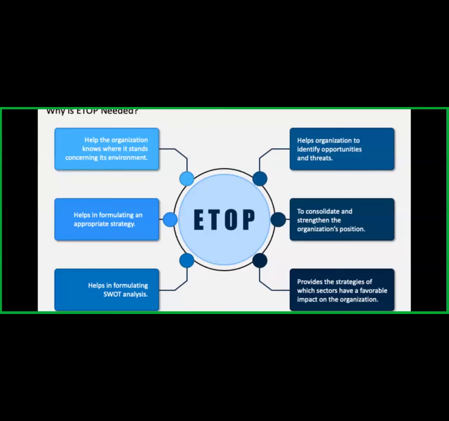And when every external factor was analyzed properly, they came up with a very good strategy. Because of the implementation of that strategy, as I discussed in yesterday's class also, that was the biggest surrender in the world. 93,000 Pakistani army soldiers and officers surrendered in front of the Indian army.